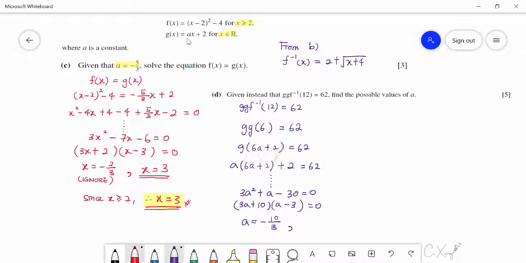So another value for a will be a equals 3. Okay, so this will be my final answer. If you look at the question again, you might have more than one value of a because they are saying find the possible values of a. So we have two answers here for the value of a.